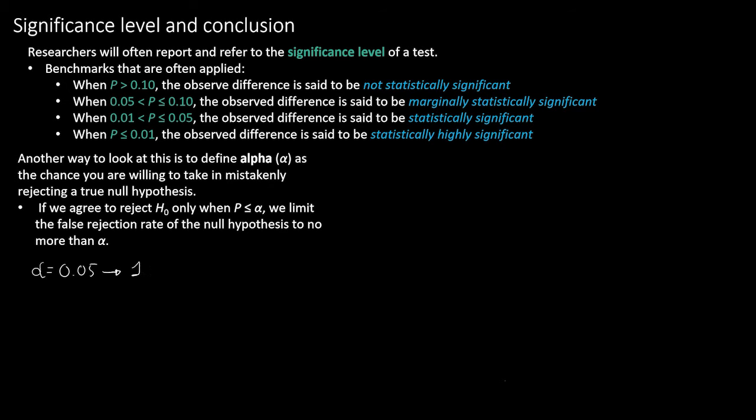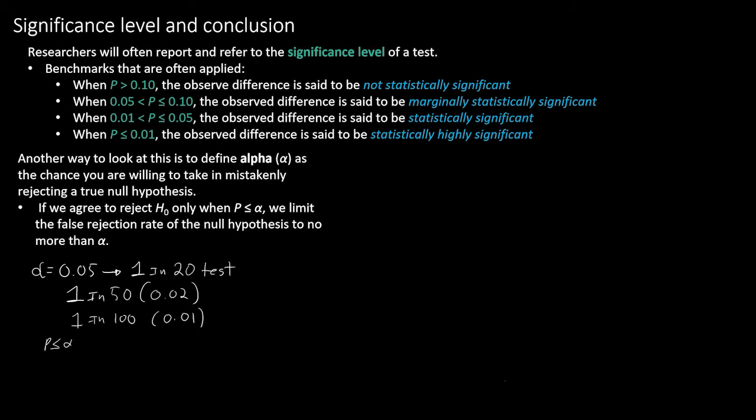For example, by setting alpha to 0.05, we are willing to make a false rejection of the null hypothesis no more frequently than 1 out of every 20 tests. And if this is not cautious enough, we may draw a line at 1 in 50, which is a 0.02 alpha level, or even 1 in 100, which is 0.01. Or whatever you're comfortable with.